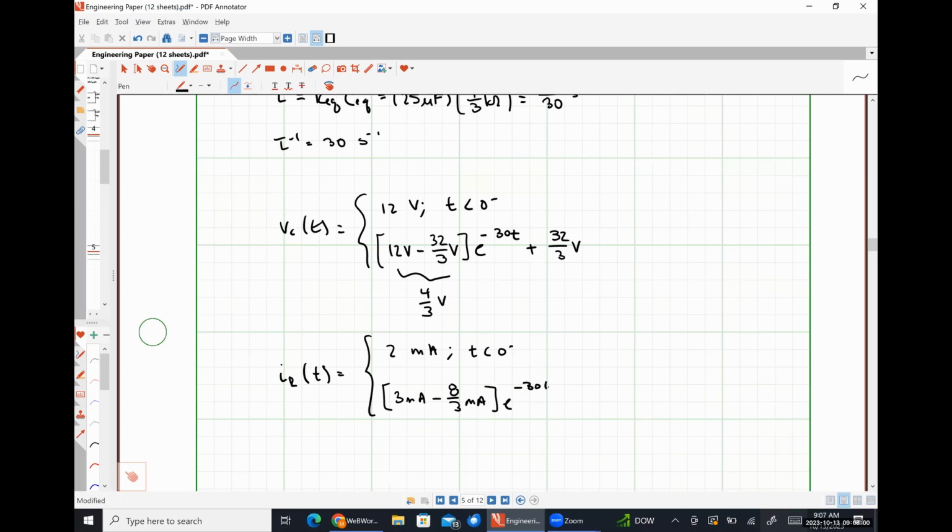IR of t equals 1/3 e to the minus 30t plus 8/3 of a milliamp for t greater than or equal to 0 plus. 9/3 minus 8/3, this looks like 1/3 of a milliamp. Do we need to do more of this? The process is literally the same thing, except that what's going on at infinity is no longer 0.